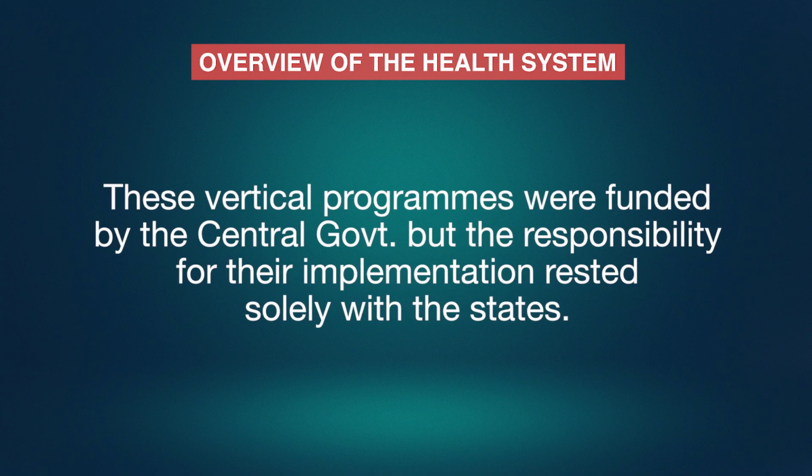These vertical programs were funded by the central government, but the responsibility of implementation rested solely with the states. Thus, we find that the real responsibility of organizing and implementing healthcare services is with the state governments.